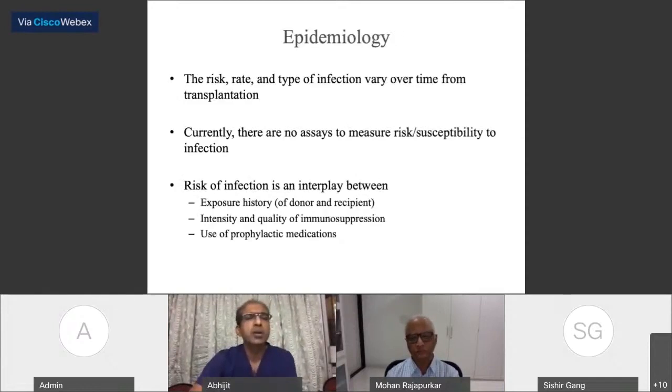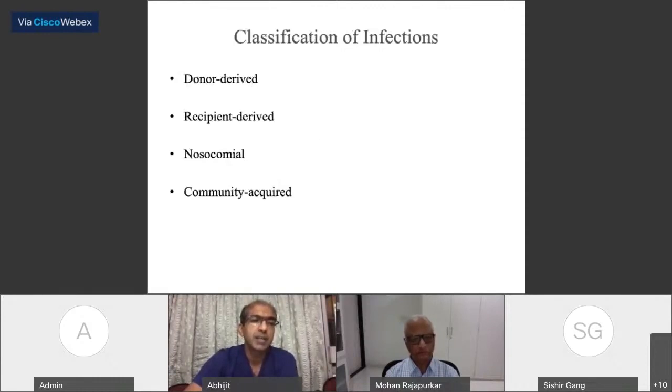So epidemiologically, the risk, rate, and type of infections vary over time from transplantation. Currently, there are no assays to measure the risk or susceptibility to infection. The risk of infection is an interplay between exposure history, intensity and quality of immunosuppression, and use of prophylactic medications.